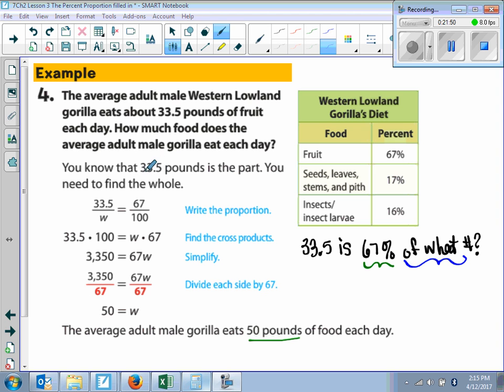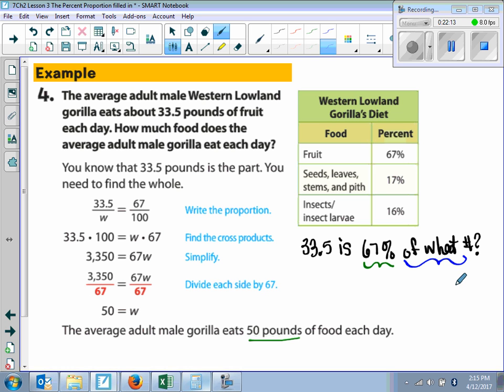So this is the part, 33.5. We also know that fruit is 67% of what the gorilla eats all day, right? So we want to ask ourselves, 33.5 is 67% of what number?